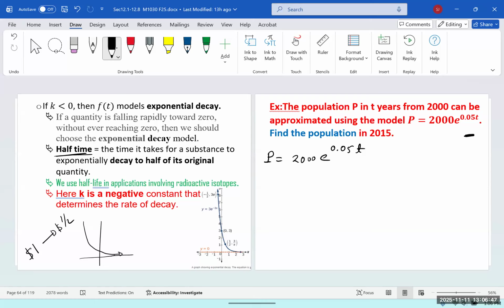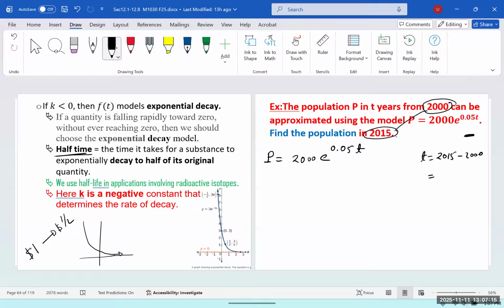Now they are saying use this formula to approximate the population in the year 2015. So our t is 2015 minus 2000. The initial year is 2000, the final year is 2015.